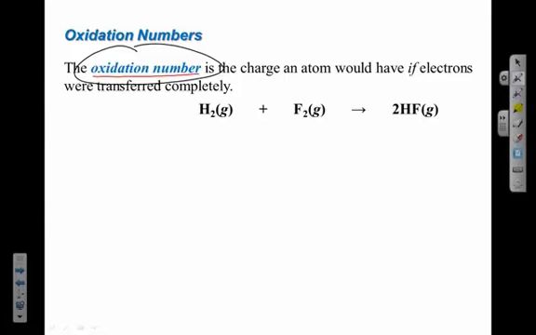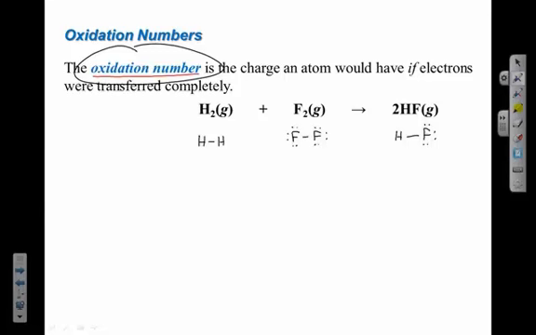So the method here is to start by drawing the Lewis structures. Then imagine that instead of sharing electrons, any bonded electrons are going to be pulled more toward the atom and owned by that atom if it's more electronegative.